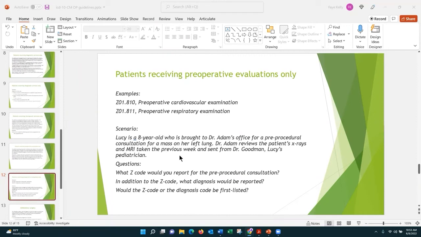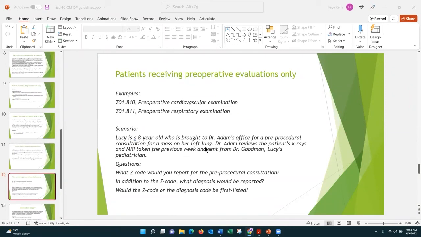So you want to look in your Find-A-Code, Z01, and you want to go ahead and just look through that. Just get familiar with what all is in that subcategory. Because this patient has a lung mass.